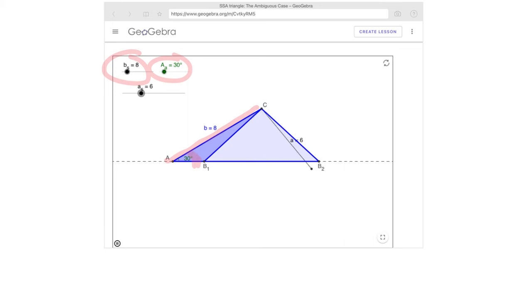On the triangle on the left, so this small one, that length of 6 is right there, and for the really big triangle, the length of 6 is right here. So we're seeing 2 different triangles that have those same things, the length of 8, length of 6, and the 30-degree angle, and so therefore side-side-angle is not a congruent shortcut.